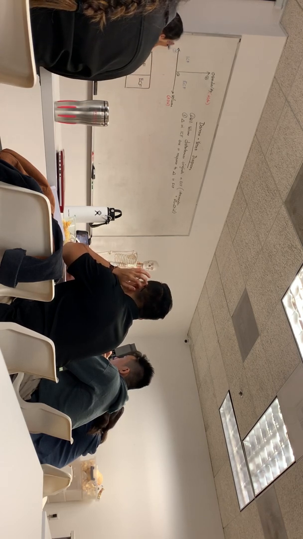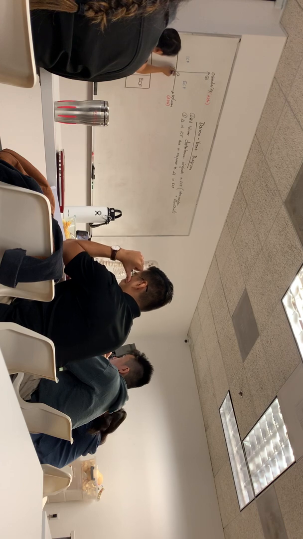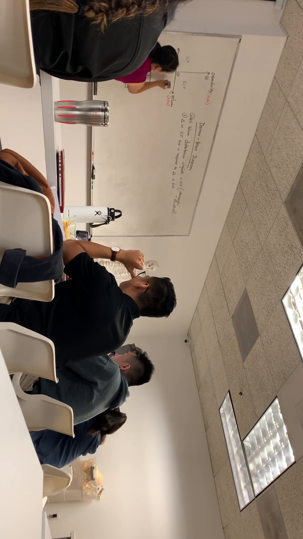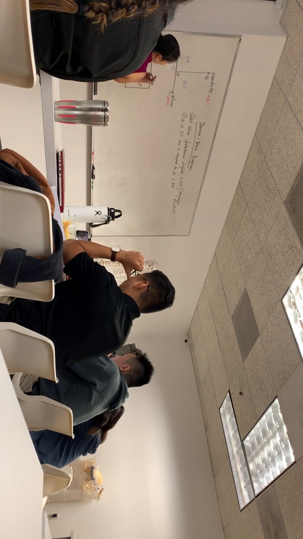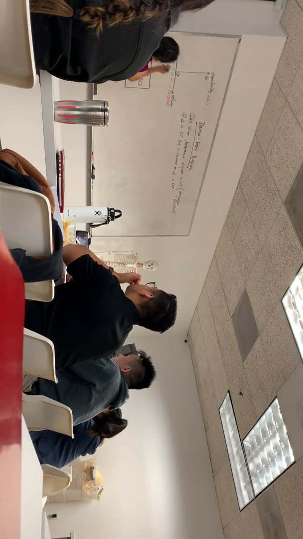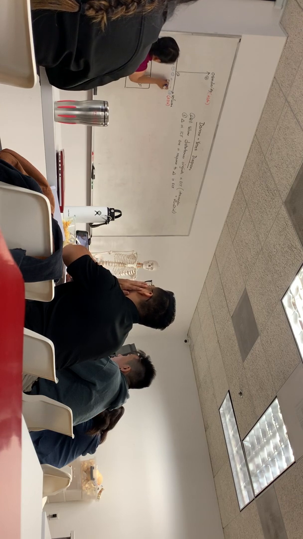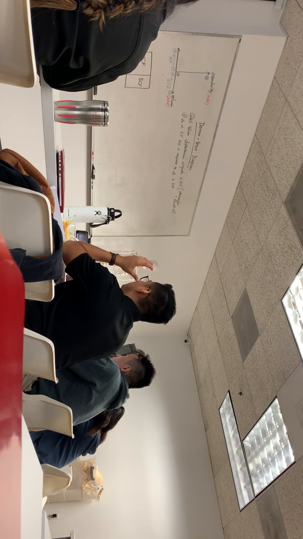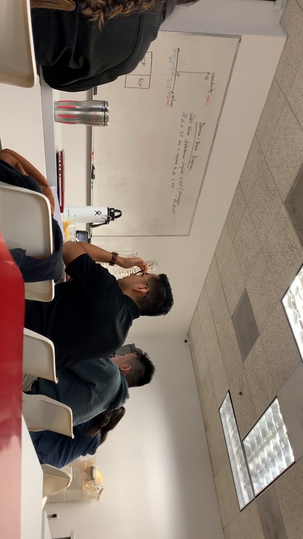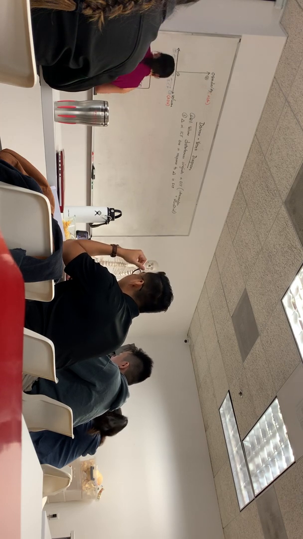As volume inside the cell decreases, you go in this direction. Okay. As volume outside the cell increases, you go in this direction. As volume outside the cell decreases, you go in this direction. Maybe another way of doing that is ICF, ECF. Okay. Simple enough? Yes. Okay, so let's apply that.